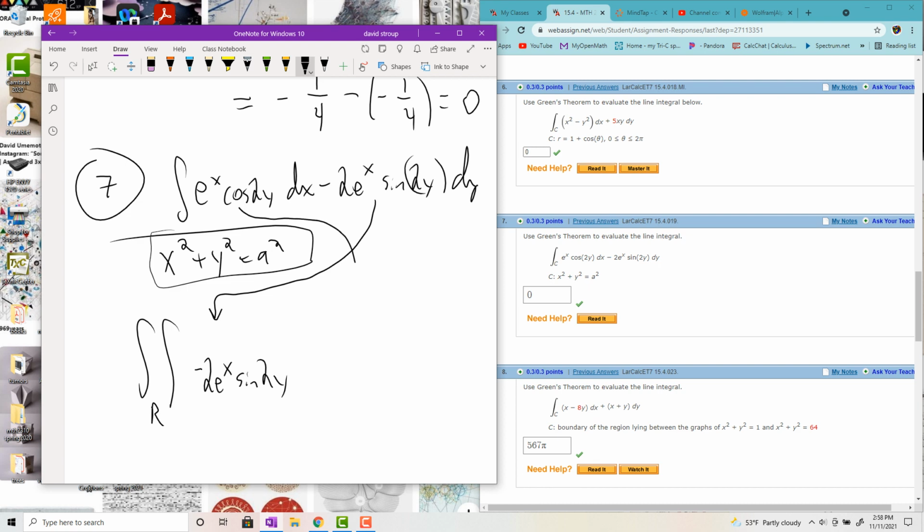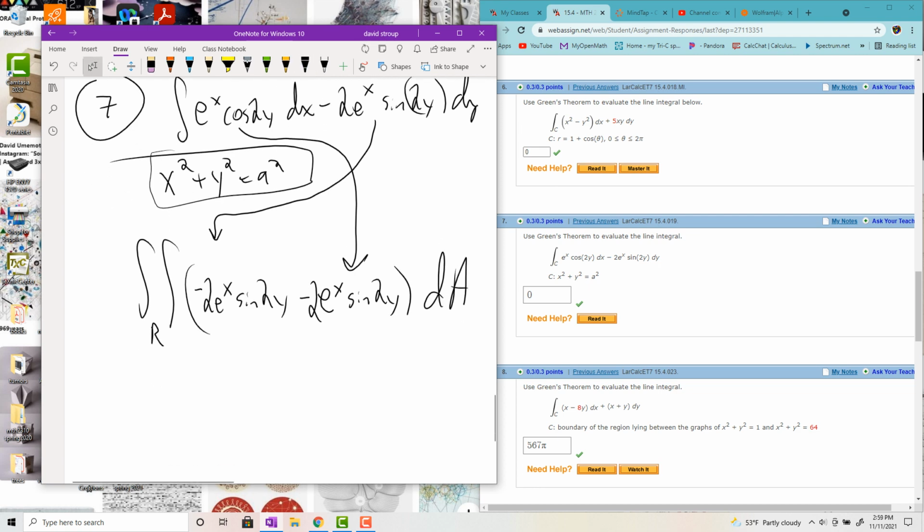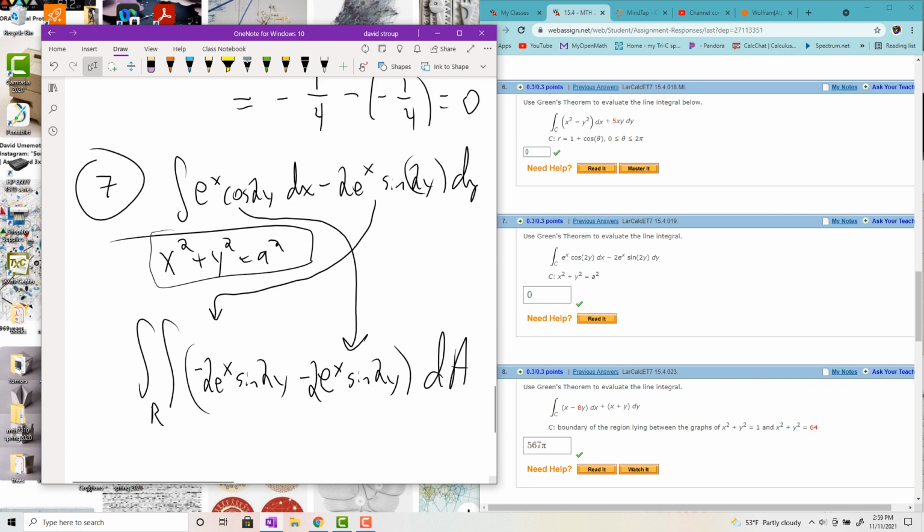The partial of this with respect to y will be negative e to the x sine of 2y times 2. Okay, and then we'll have all of our material dA. It's not a nice cancellation. I was hoping that would just cancel to be 0.